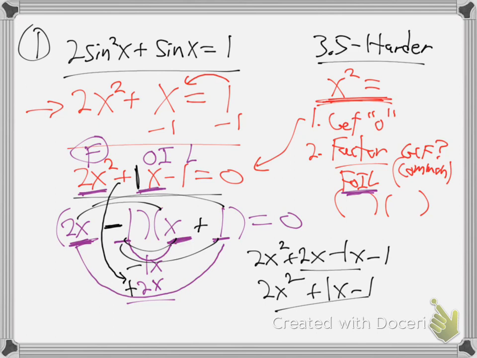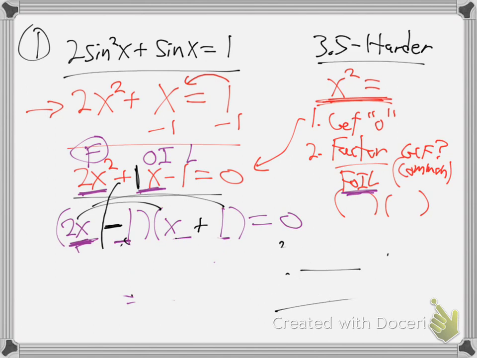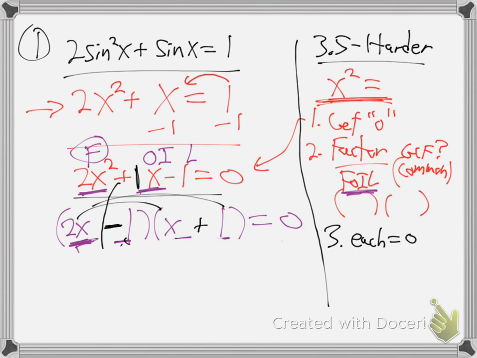Is that good there? Okay, so now we're not quite done. So that's the factoring step. That's step 2 there, and now step 3. What do we do now? You solve each factor individually? Yeah, that's right. Each one gets their own 0.